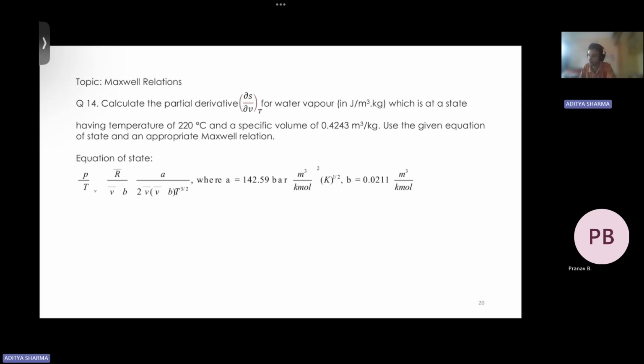Okay. So some parts are missing for some reason. Okay, so this is your equation of state.